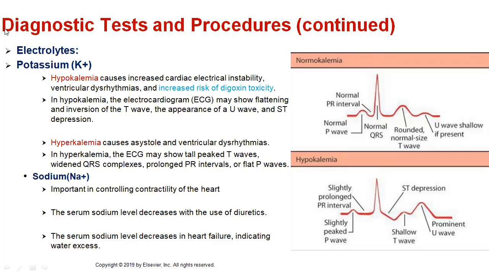If the sodium level goes less than normal, it is called hyponatremia. If the potassium level goes up or more than the normal range, it is called hyperkalemia. Hypokalemia or hyperkalemia both can lead to arrhythmias, right? Arrhythmia is it.